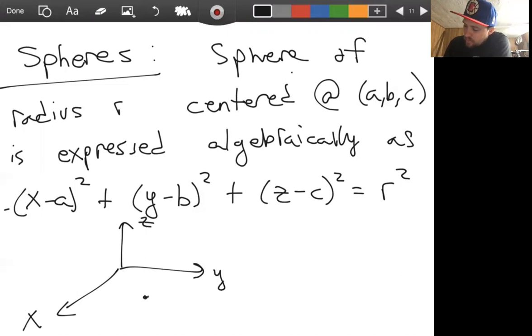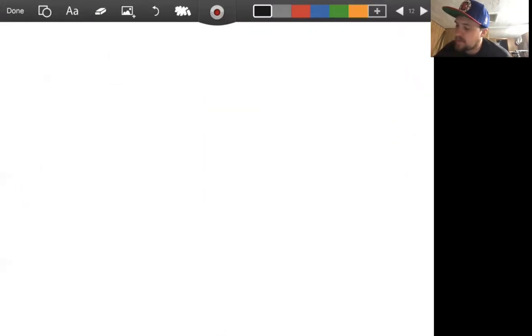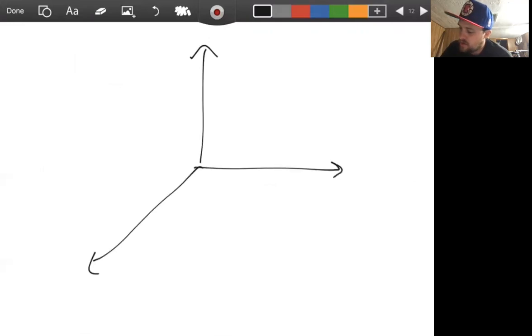Let's say here's the point ABC, and then a sphere is something of a fixed distance. It's not a very good picture. Let's look at a bigger picture so it's easier to see what's going on. So x, y, z. Let's say this is our point ABC.